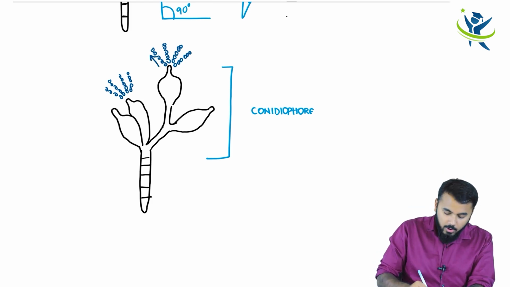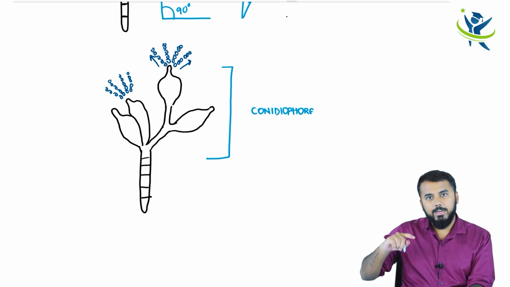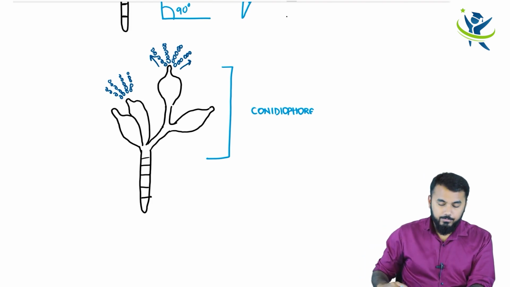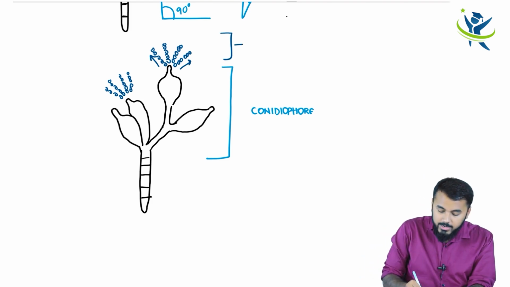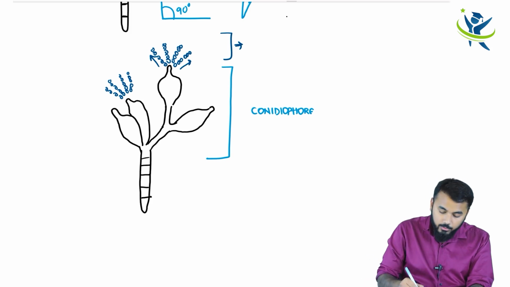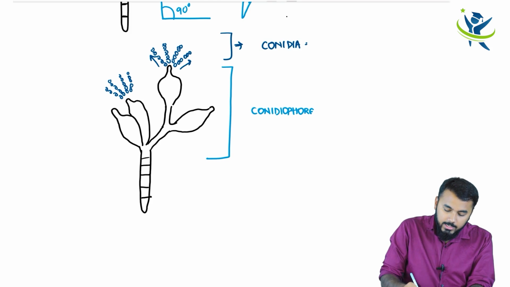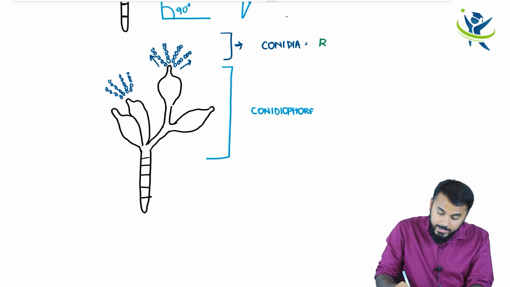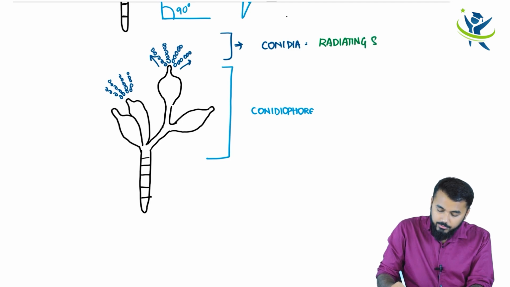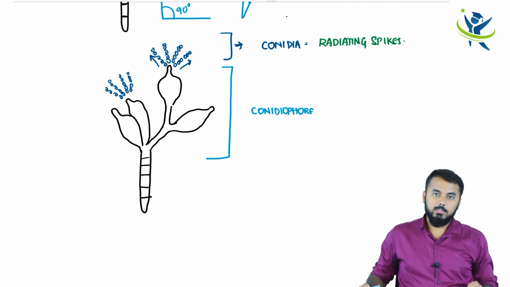So what are these small buds released out of this conidiophore? These are called conidia. And they are emerging as radiating spikes. Okay, so this is the basic thing which you need to know.